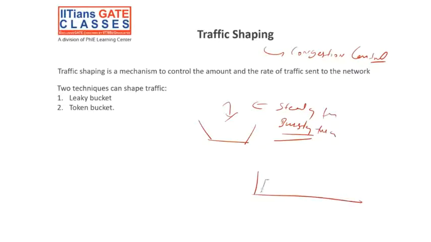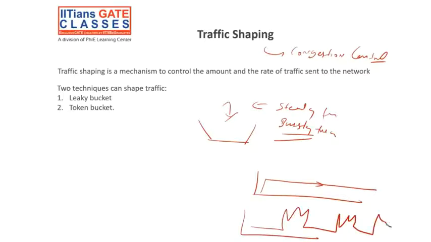Your data is coming at a steady rate, like 2 Mbps, 3 Mbps. But bursty is here. Sometimes it is coming at 6 Mbps, sometimes 3 Mbps, sometimes 2 Mbps, sometimes 10 Mbps. Like so, on each router we have some buffer, right?